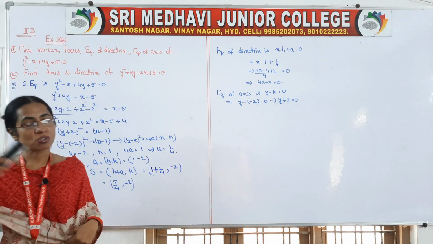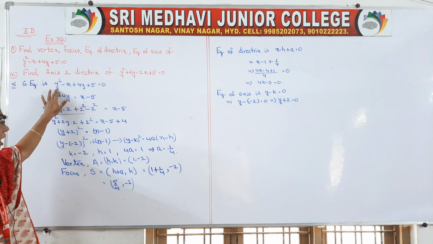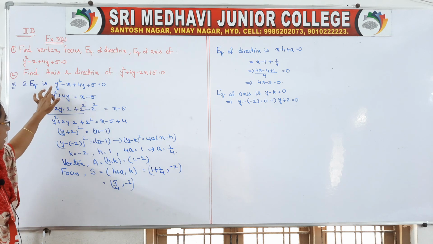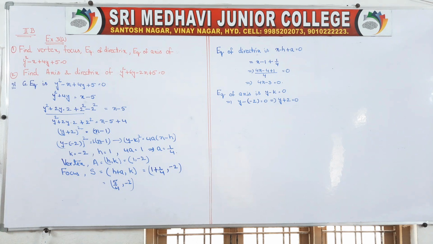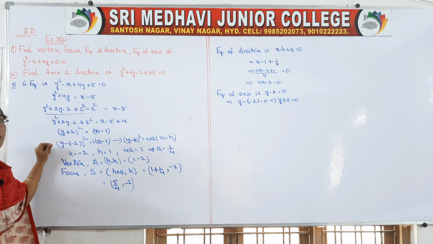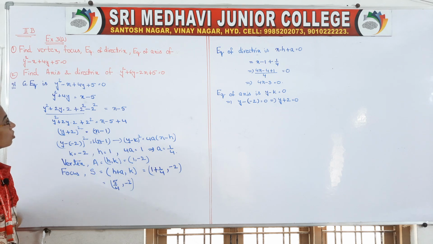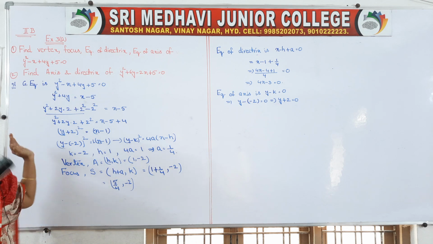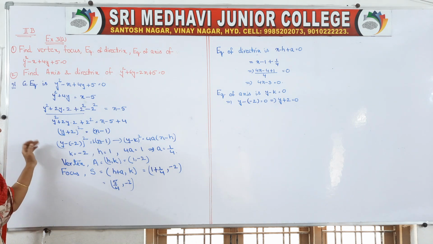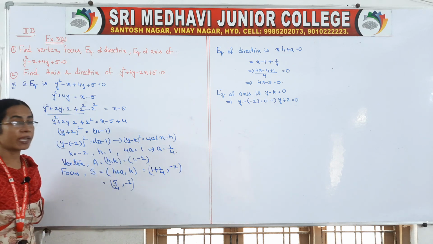So simple, no? So for this you are going to get 7 marks. The only thing is, you should observe the given question, right? A y square term is there, y term is there, x term is there, means it should come in the form of (y minus k) whole square is equal to some value into (x minus h) form, right? So for that sake, you take all the y terms on one side and send the x and constant to the other side and try to get your form (y minus k) whole square is equal to 4a into (x minus h).